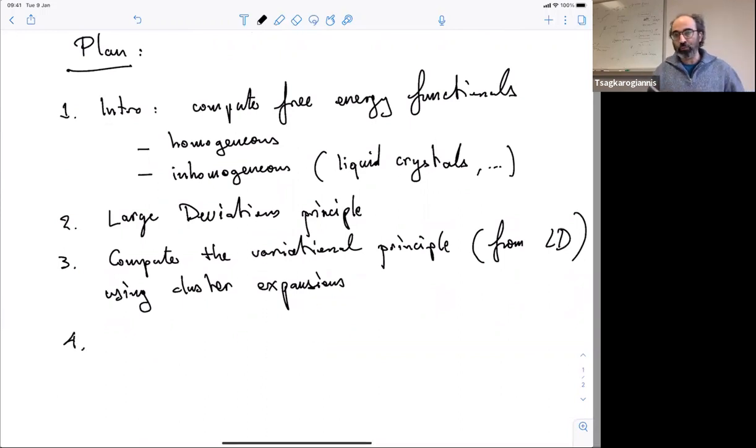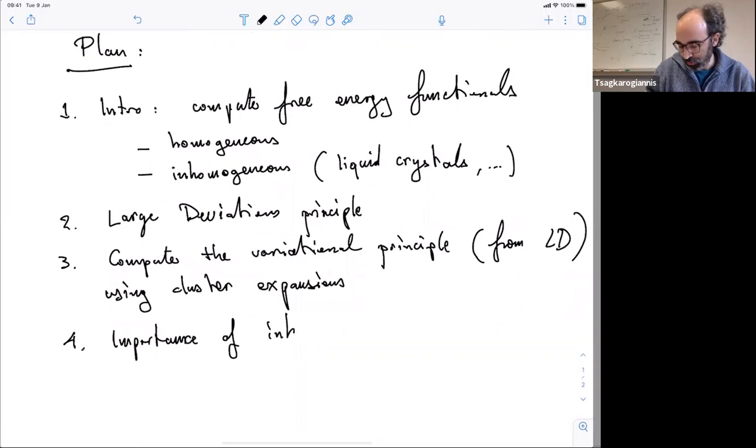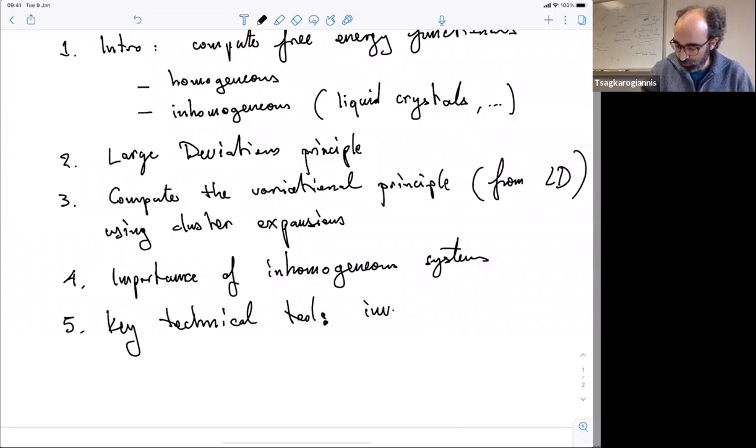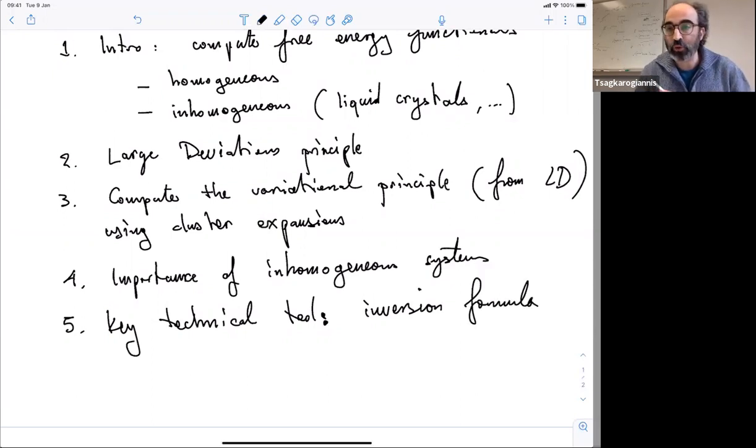Then I will try somehow to be more precise about the importance of the inhomogeneous systems. And a key point in this analysis is an inversion formula. So, key technical tool is an inversion formula which appears while I try to compute the supremum of the variational principle.